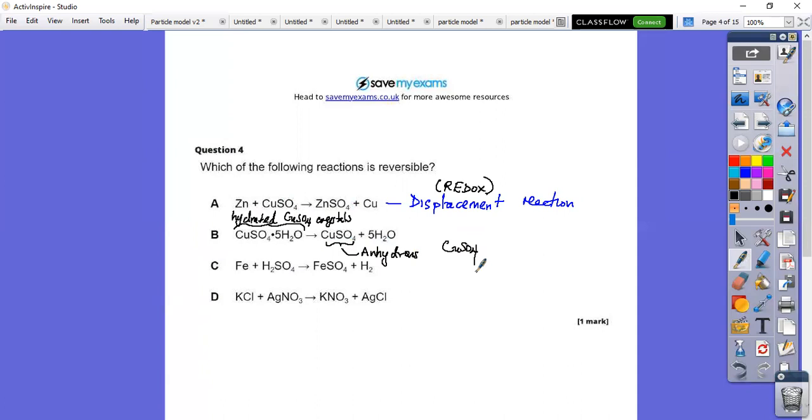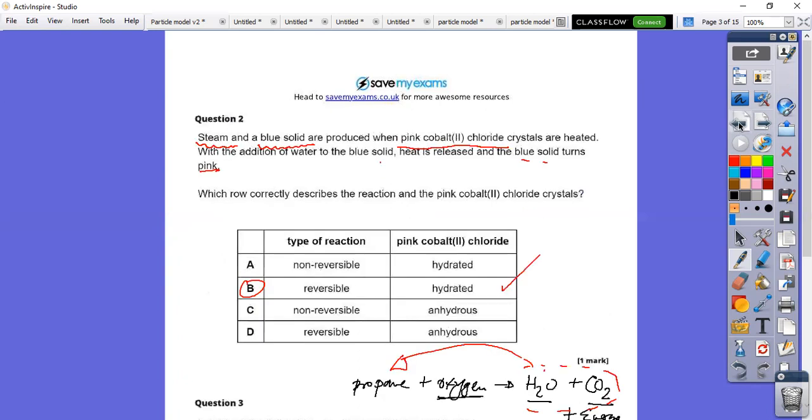So which of these reactions, looking again, do you think? Think back to question 1. Here is a reminder to help you.